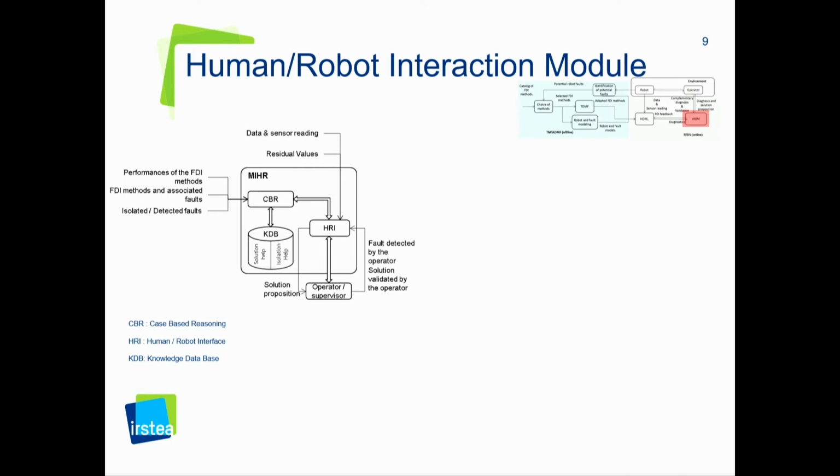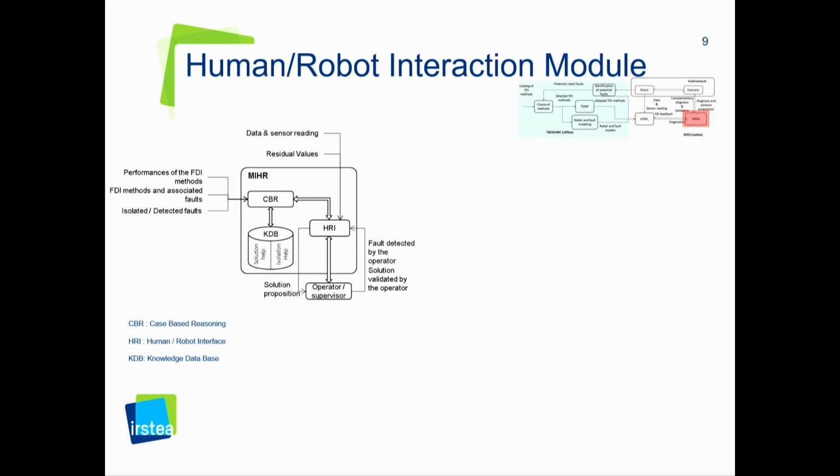It is composed mainly of a knowledge database which stores some standard pre-known data and the history of decisions made by the human, and the second part is CBR, or case-based reasoning, which is an algorithm to recall at each step the most valuable state from the knowledge database, and the human-robot interaction interface.